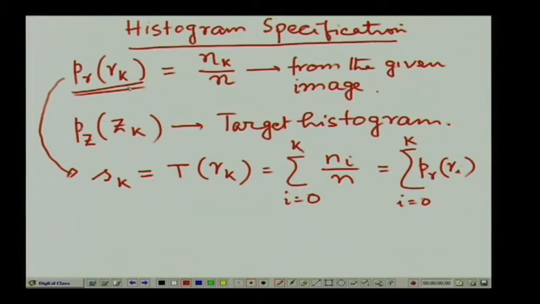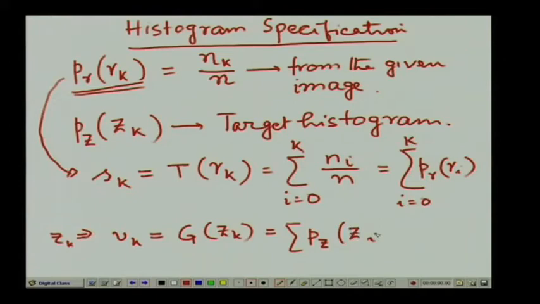To obtain this histogram specification, you define a variable, say z_k, such that you will have the transformation function v_k equal to G(z_k), and we can compute this from the specified histogram p_z(z_i), where i varies from 0 to k, and we define this to be equal to s_k.